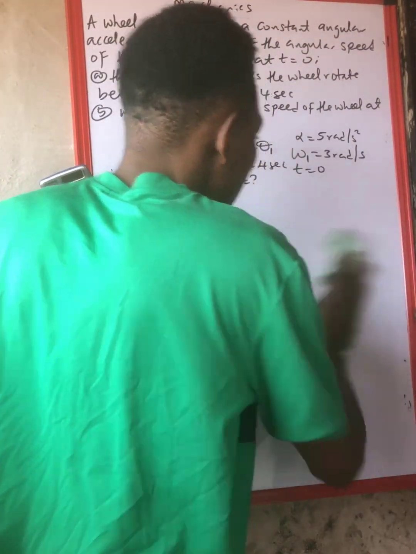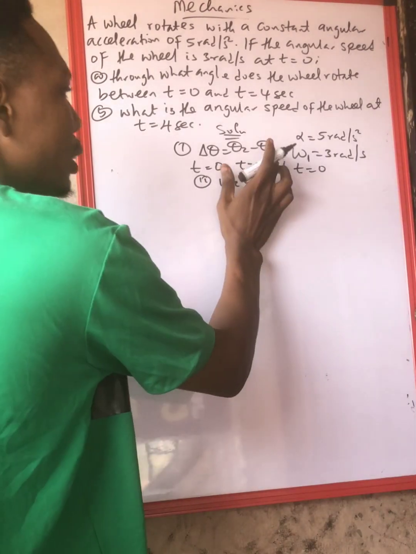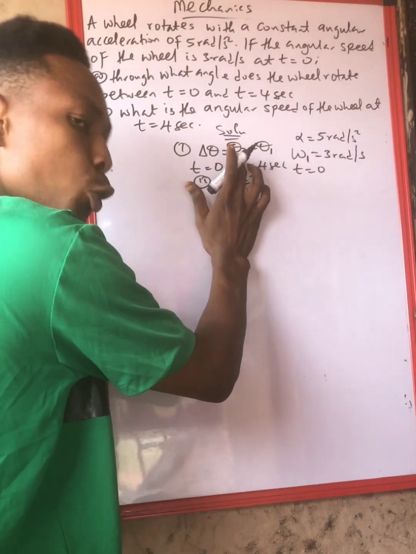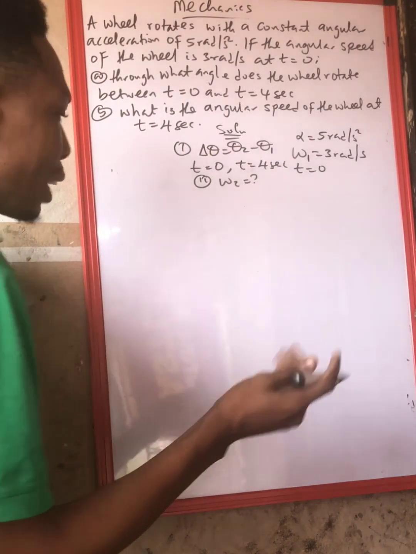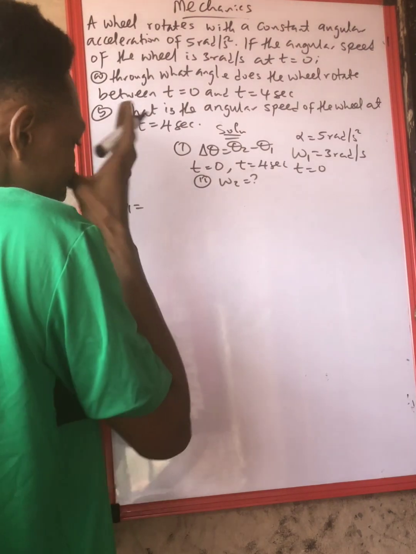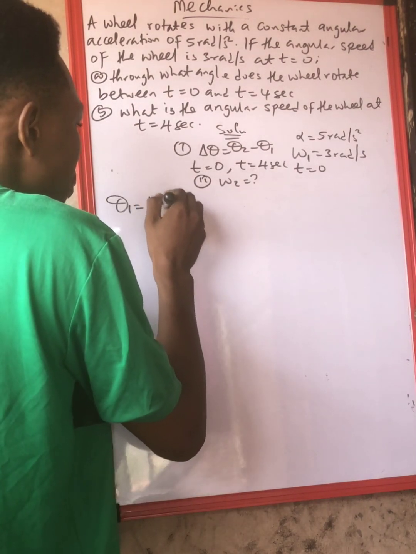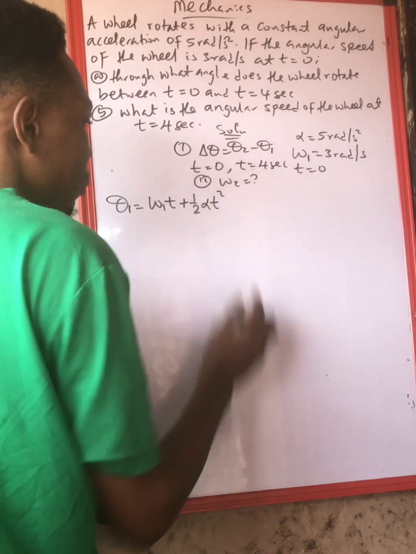All right, so the first step now: I have to look for my theta 1, I also look for theta 2, then I can subtract the values to get my change in theta. Now theta 1 is stated as W1 t plus half alpha t squared.